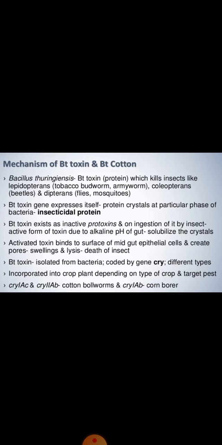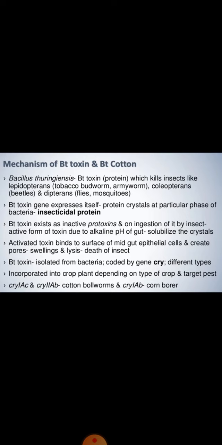Now specific Bt toxin genes are isolated from Bacillus thuringiensis, and they are incorporated into several crops, such as cotton and corn.